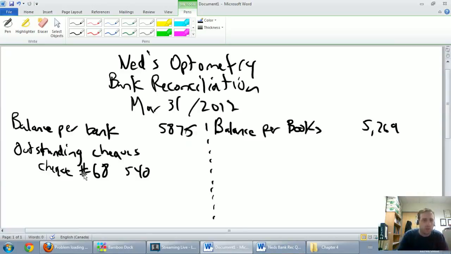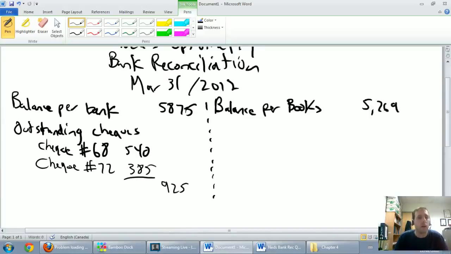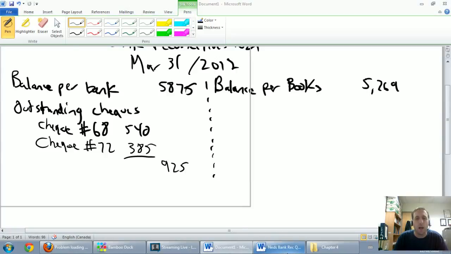Check number 72 for 385 bucks. So our total outstanding checks, 540 plus 385, that looks like 925 to me.